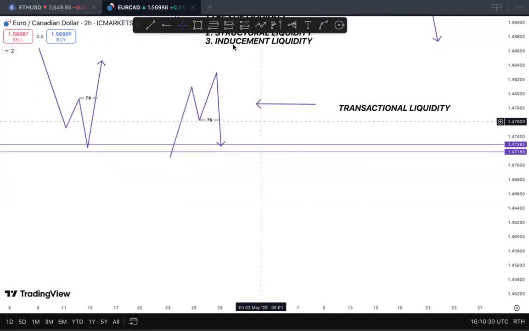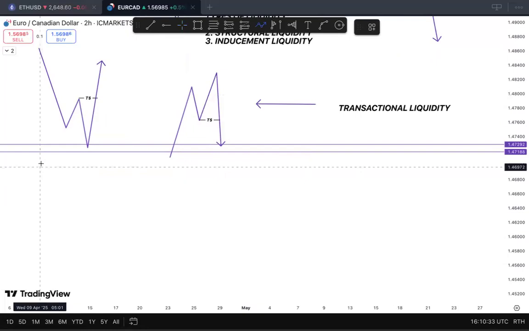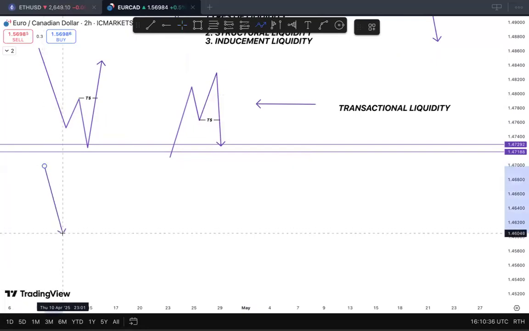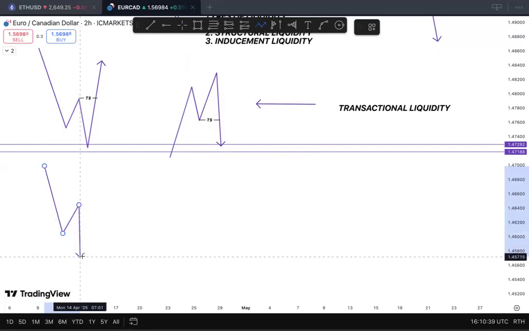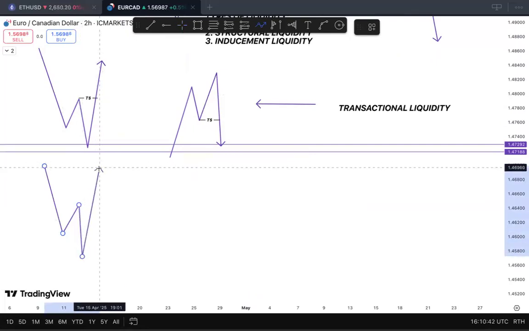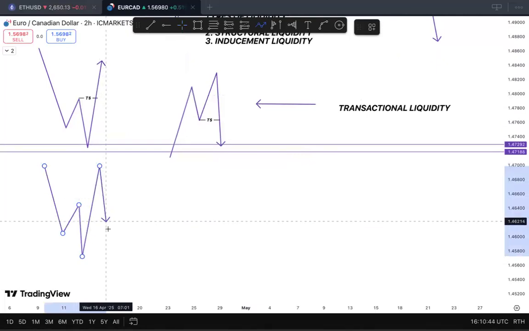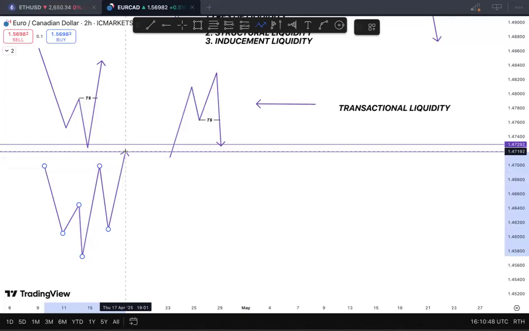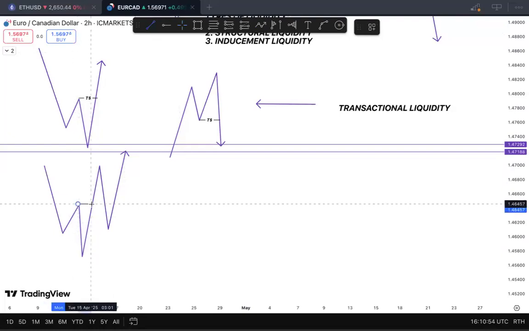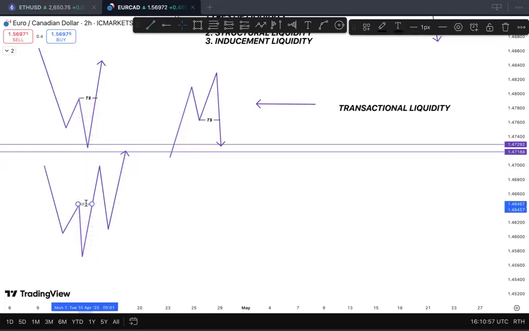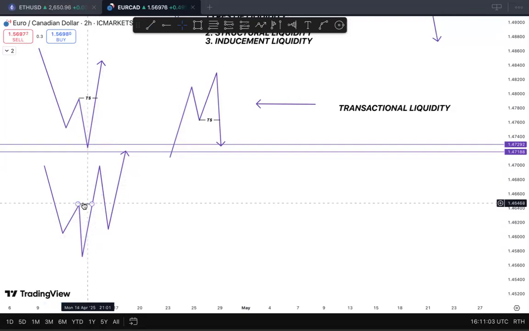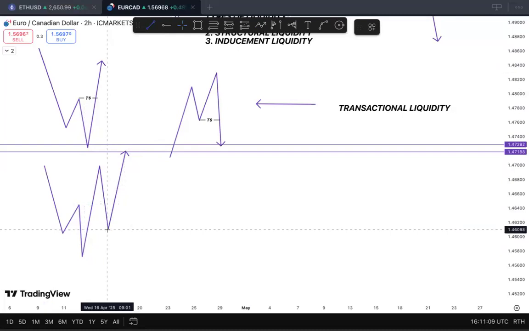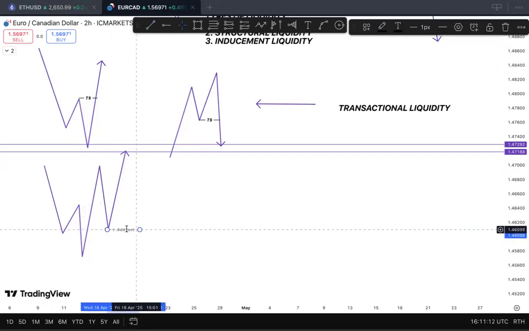So let's look at it. We have a price movement, we have a sweep, and then we have a transactional liquidity, and then we have the structural liquidity. First we have the transactional, there's no need putting that because I just did that. So this is your structural liquidity.